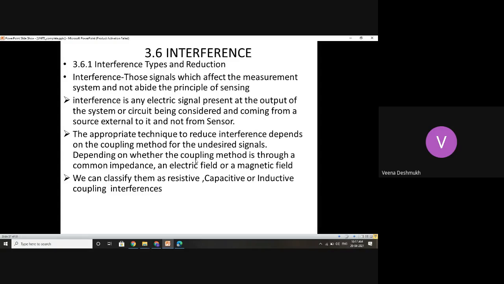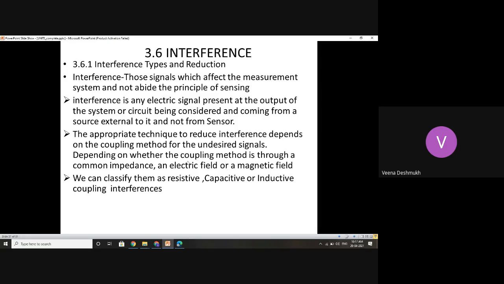And if source impedance is available, then that source impedance can be resistive, capacitive or inductive depending upon what source you are using. If it is an AC source, you can have capacitive and inductive types. If it is a DC source, then you have resistive type, or resistance getting added, which may cause interference.